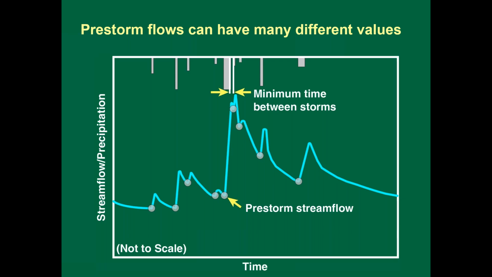We could see in this first event on the left, that might be what would be called a base flow. Then we have a small storm that might return to base flow, but then we have a larger storm and a storm quickly after it. So the pre-storm flow for this third event would actually be in the tail of the previous event.